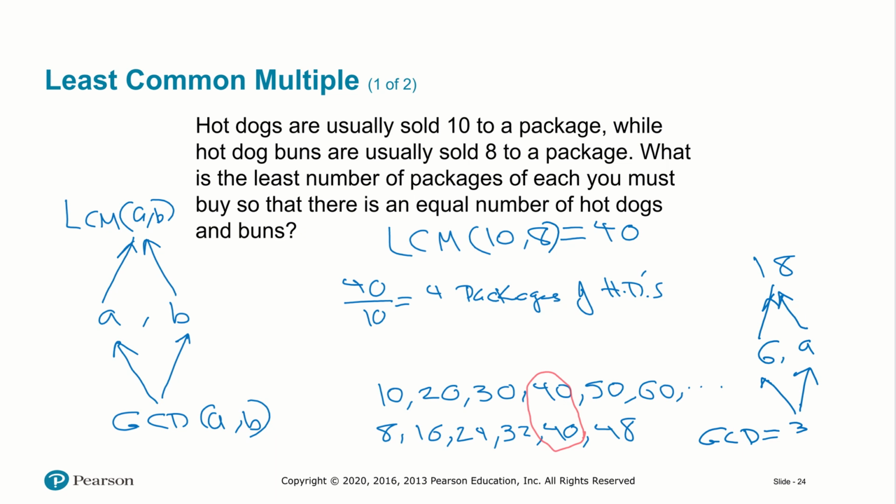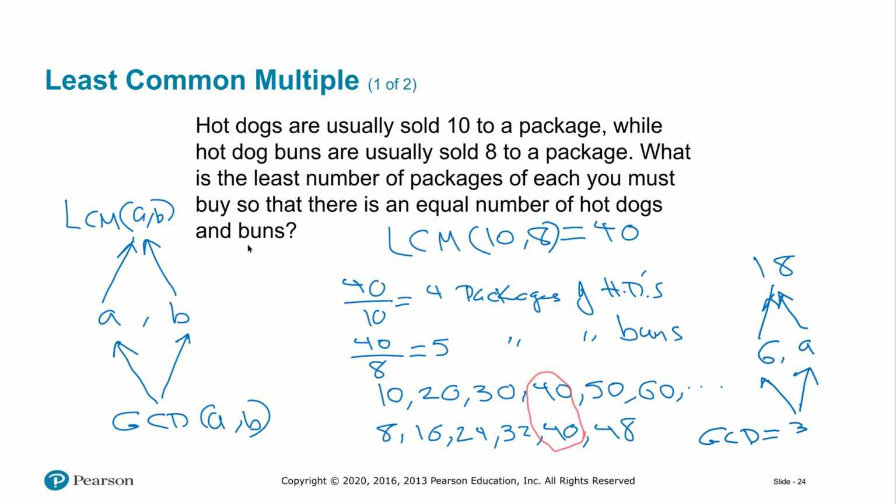And since the buns are sold in packages of 8, I would have to buy 40 over 8, which is 5 packages of buns. So if I buy 4 packages of hot dogs and 5 packages of buns, I'll have the exact same number of hot dogs and buns. And that's how you would approach a problem like this.